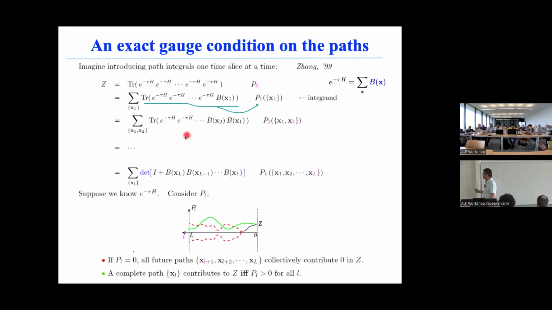Well, that means if you integrate all the future paths, you're going to get 0, just by definition. So what this means is that from this point on, if I carried out with my quantum computer and summed all the future paths, I would get exactly 0 in my partition function.